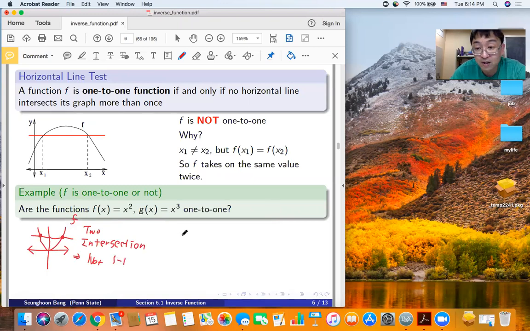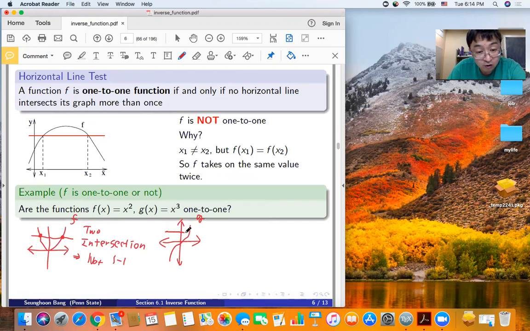But what about g of x? Yes, some of you have the right answer. Thank you. g of x is one-to-one because x cubed is this kind of curve. This is g of x.